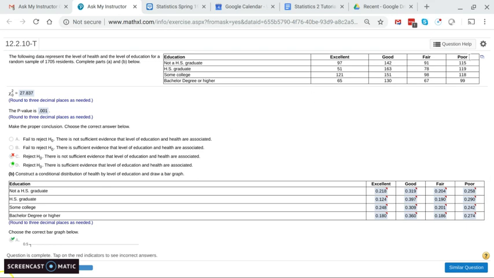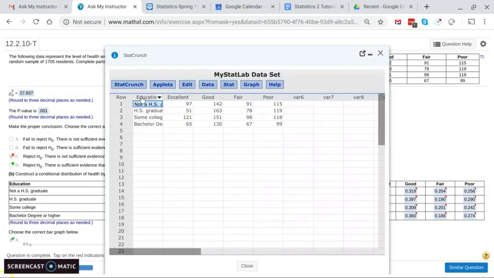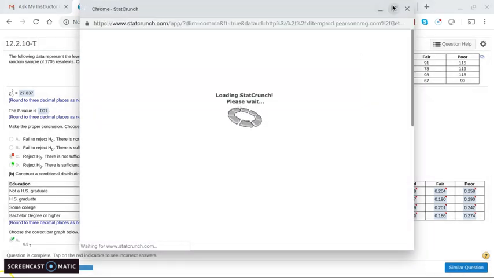So the way we do that is we load it into StatCrunch. Let me split the screen here.